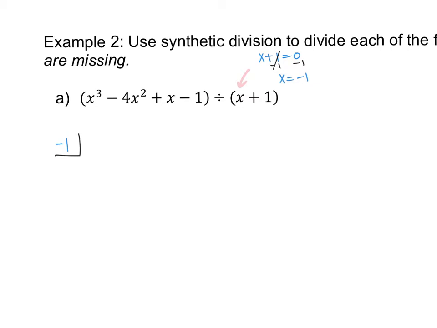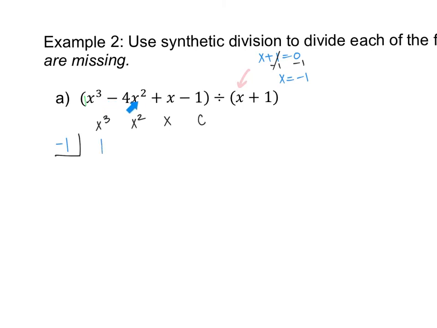The next thing you want to do is order all of your x's by lowest to highest. So you had an x to the third, you had x squared, you have x to the first, and then you have your constant. Down below, you want to put the coefficient and match them up. So your x to the third power had a 1 in front. So there will be a 1 here.